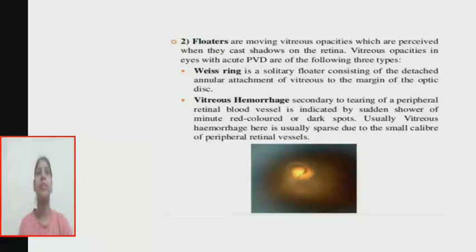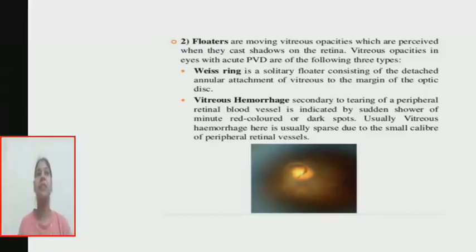Second is the floaters, which are moving vitreous opacities perceived when they cast shadows on the retina. Vitreous opacities in eyes with acute PVD, posterior vitreous detachment, are of the following three types.